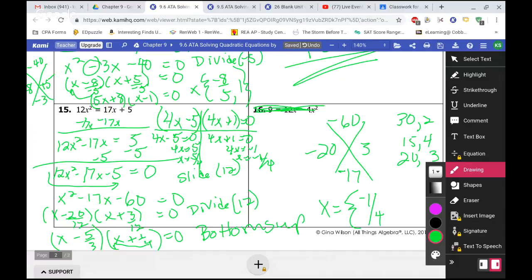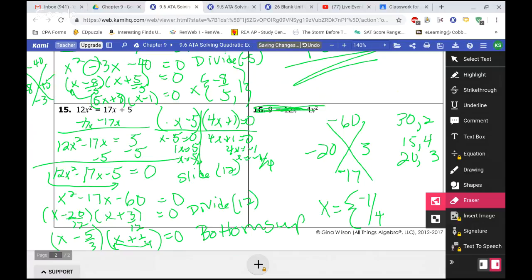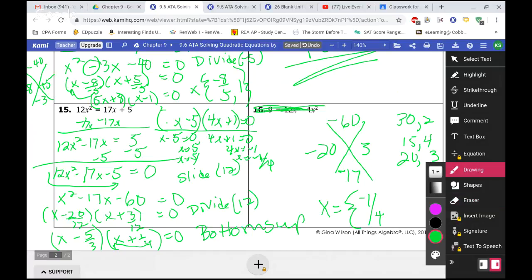So my apologies. I don't think I like writing with the green. So my solution set is negative 1/4, 5/3.